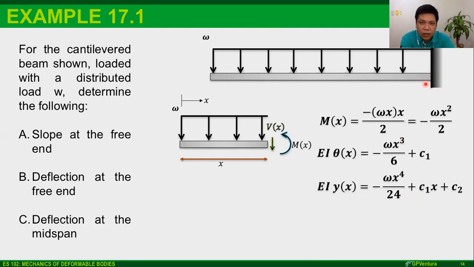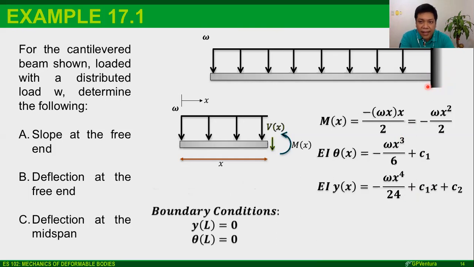So that's boundary condition number 5 from the previous slide. And we know that if I have a fixed support, I can have 2 boundary conditions. Since this is my origin 0, I can say that the deflection at the fixed support, or the deflection at position L, the end of the beam, is equal to 0.